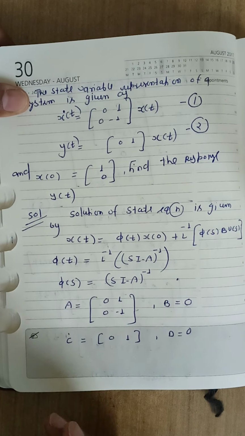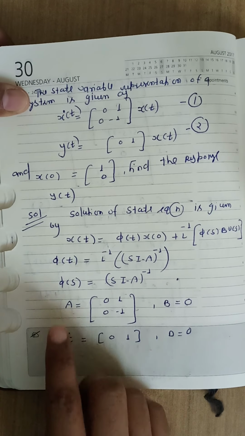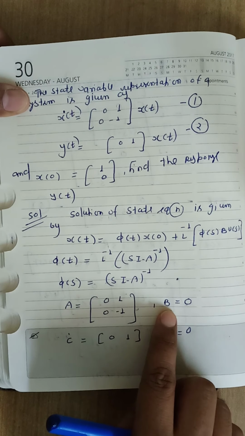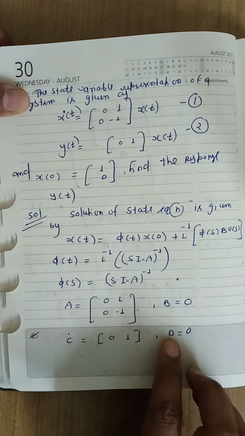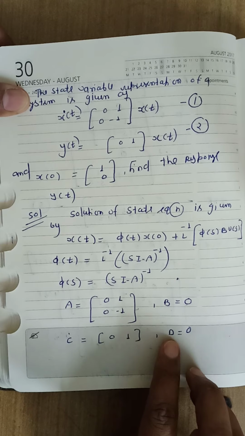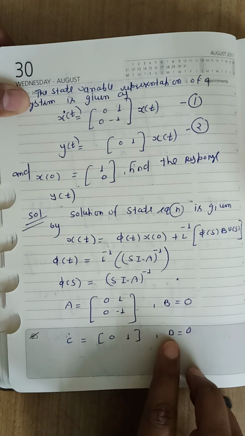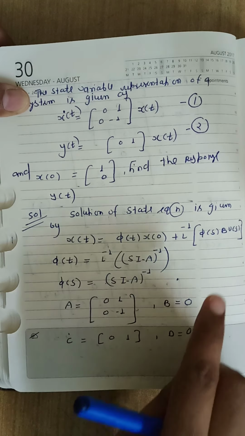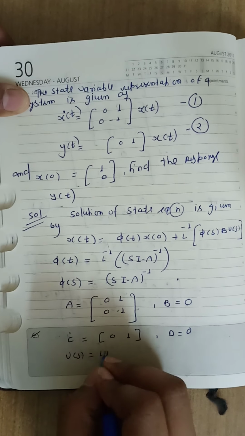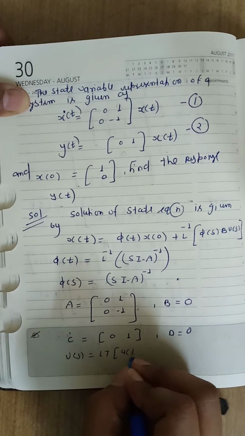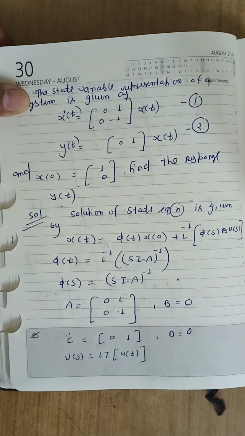So we want system matrix A and input coupling matrix B. Here we are not using matrix C and matrix D. And U of s, we already know, is the Laplace transform of input variable u of t.